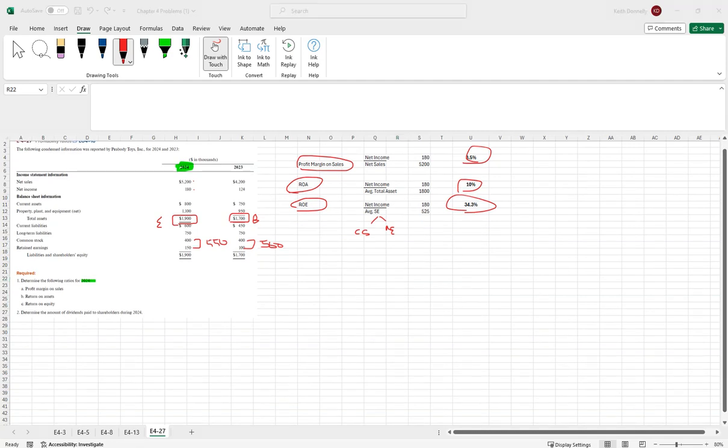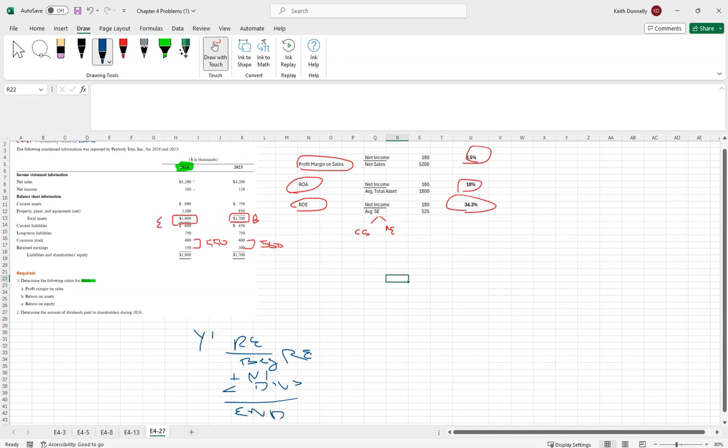Then what they want us to do in requirement 2 here, let me read this and check it out. They're saying, can you please determine the amount of dividends paid to shareholders during 2024? If you remember the retained earnings formula, it's your beginning retained earnings plus your net income, minus a loss if you're at a net loss, minus your dividends, gives you your ending.